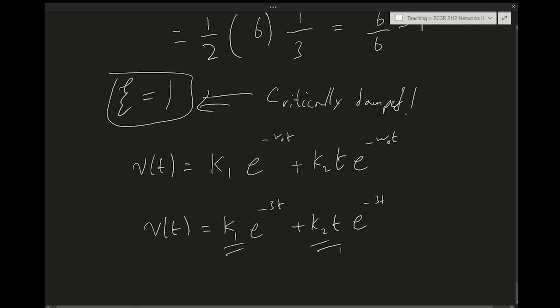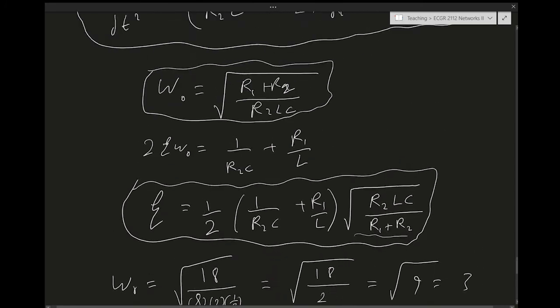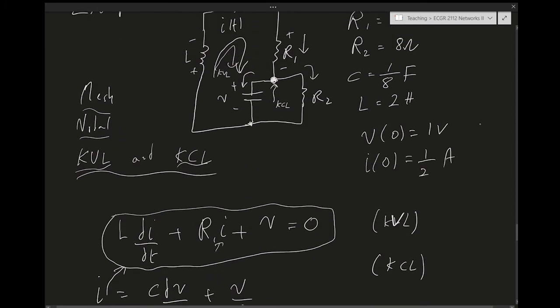So let's start with the voltage initial condition. We know that V0 equals 1 volt; that was the initial condition. V0 is 1 volt and I0 is half an amp.